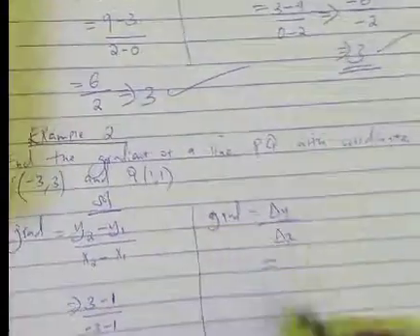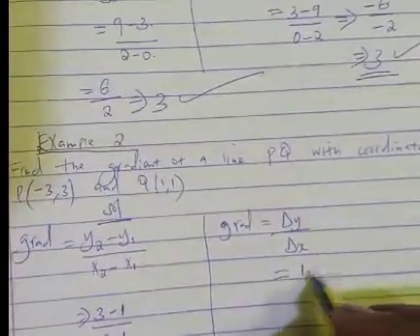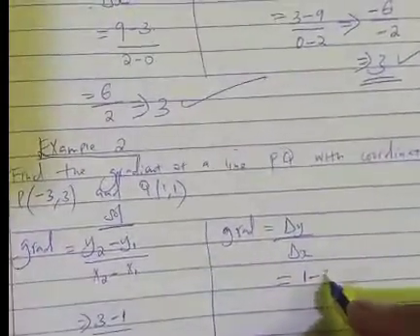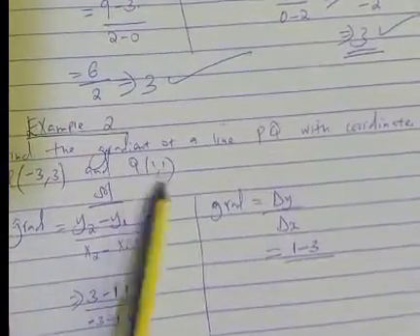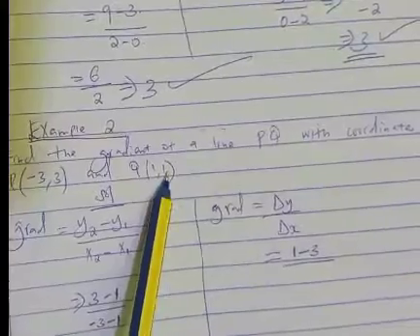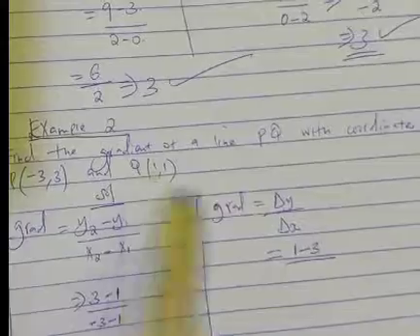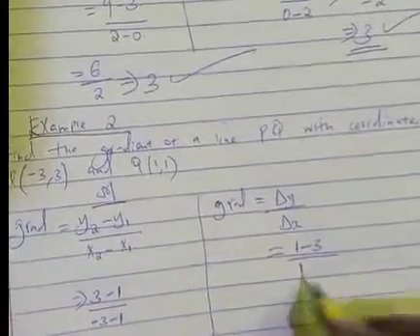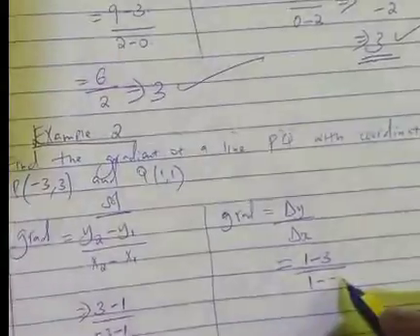So 1, the y coordinate of q is 1. So 1 minus the y coordinate of p, which is 3, over, because he started with the y coordinate of q, he has to start again with the x coordinate of q, which is 1, minus negative 3.